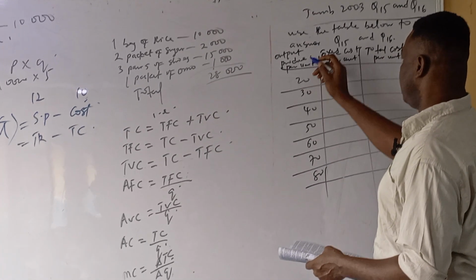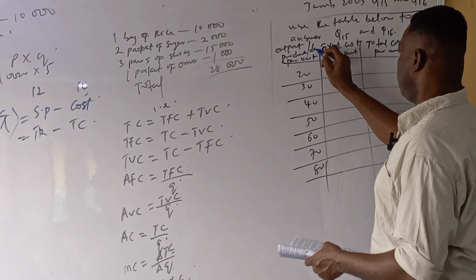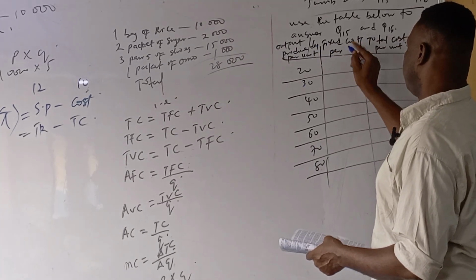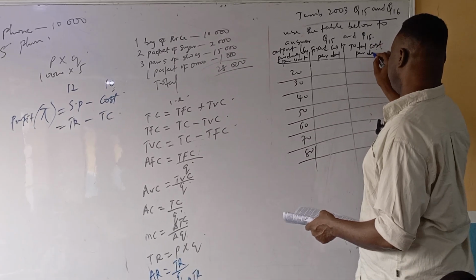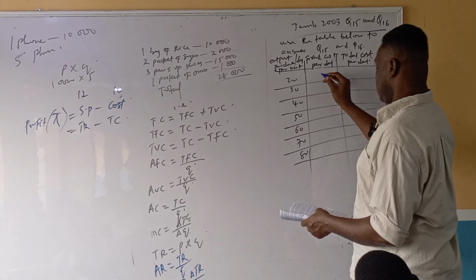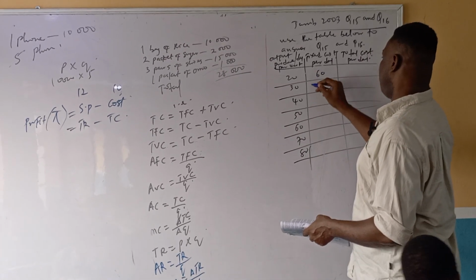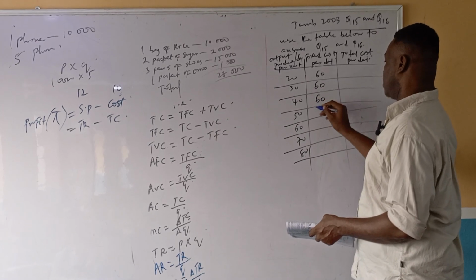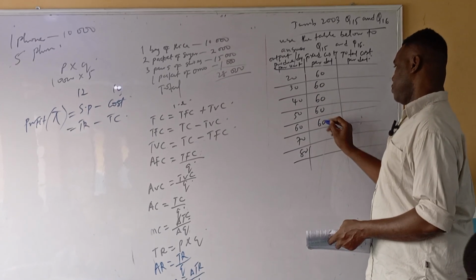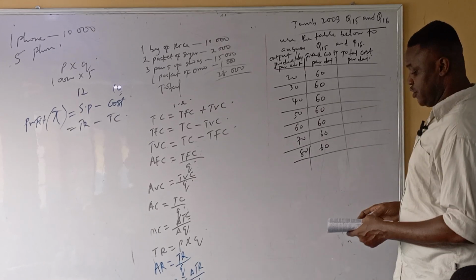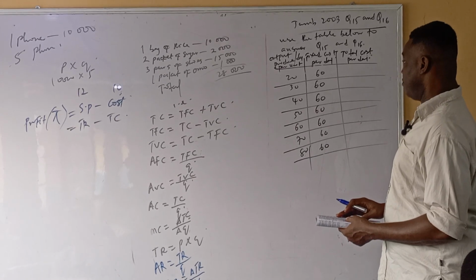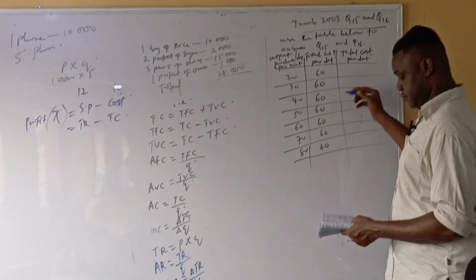Output produced per day, total cost per day, fixed cost per day; this one is per day, it doesn't matter. Mind you, your fixed cost will always remain constant, it doesn't change. That's why they call it fixed cost: it is a cost that remains constant or does not change.